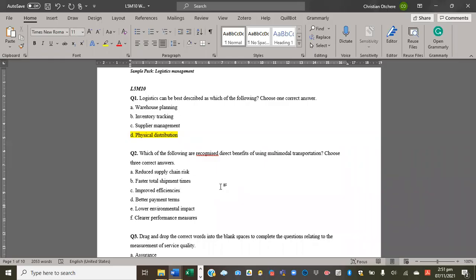Where it's necessary to use rail, you use rail; where it's necessary to use air, you use air; when it's necessary to use maybe the ship, you use the ship. So you are saying using multiple modes of transport, yes, basically.